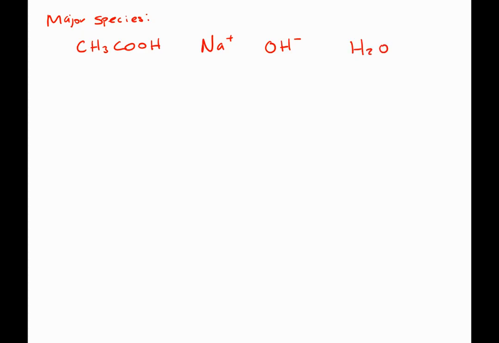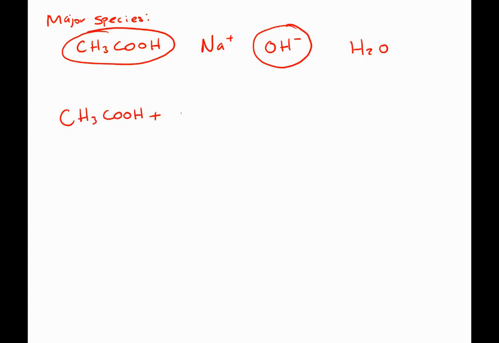Now, we go through the list of major species, and we react the strongest acid with the strongest base. The strongest base that we have here is the hydroxide ion, and the strongest of the acids that you have here is the acetic acid, so they will react with one another to completion, according to the following equation.